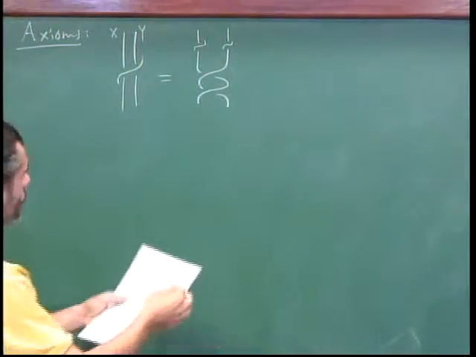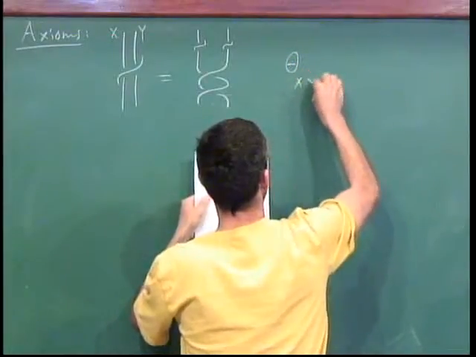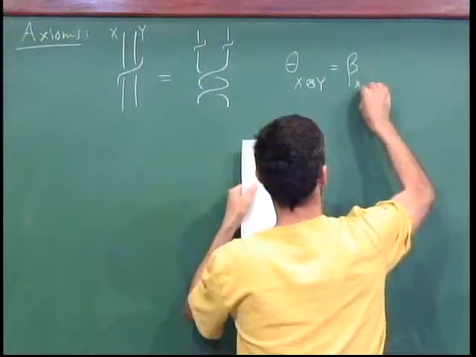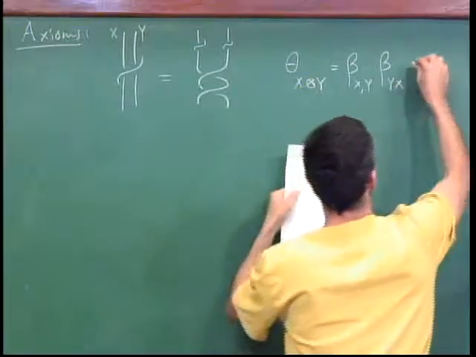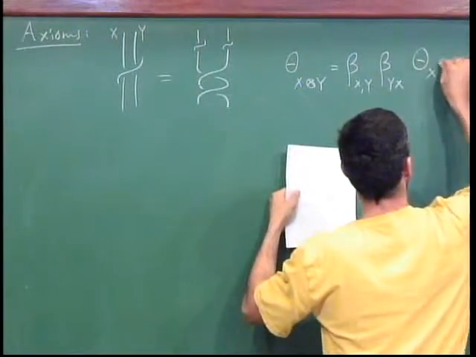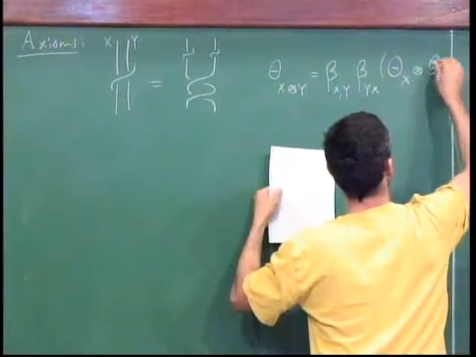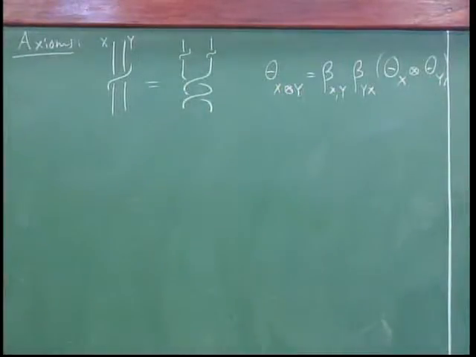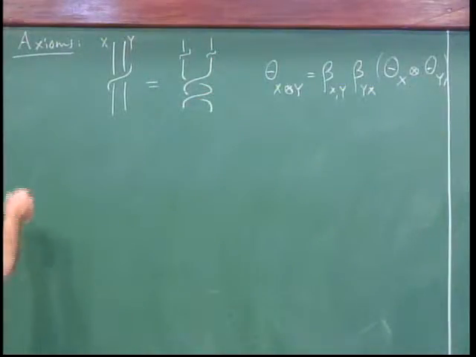And if I want to write an equation for that, the equation is as follows. Theta sub x tensor y equals beta sub xy composed with beta sub yx composed with theta x tensor theta y. These are the two betas, these are the two thetas. So that's one axiom.